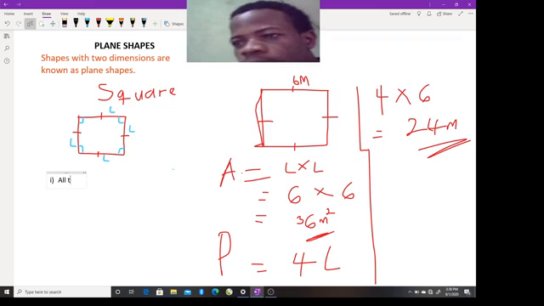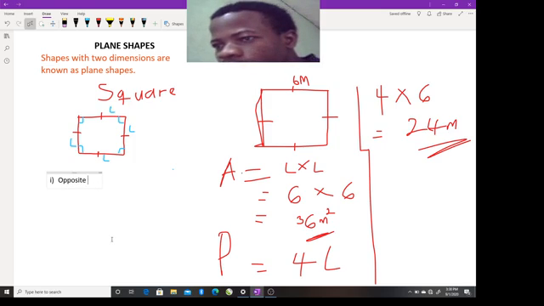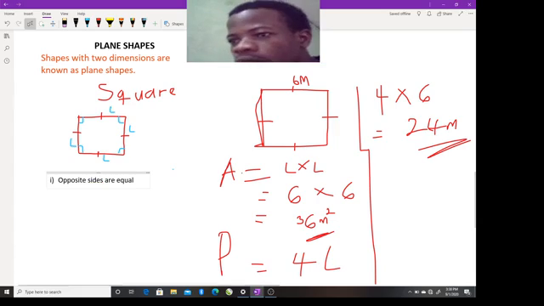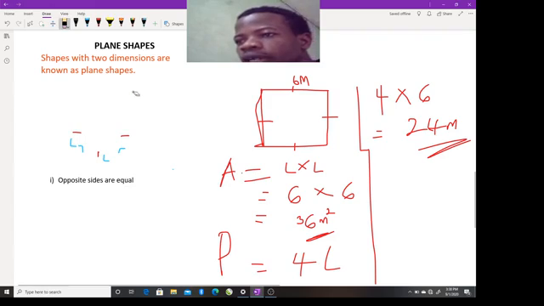If I talk about the properties for a rectangle, opposite sides are equal. That's the first thing. Opposite sides are equal. So I have to clear this away. I have to draw a rectangle.